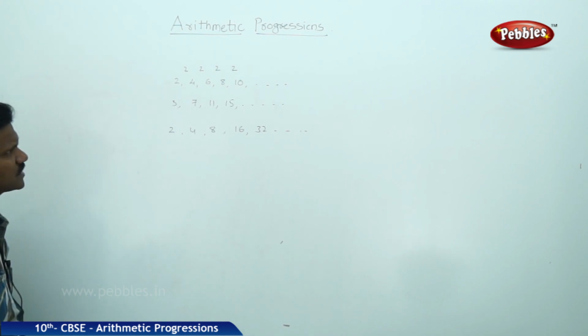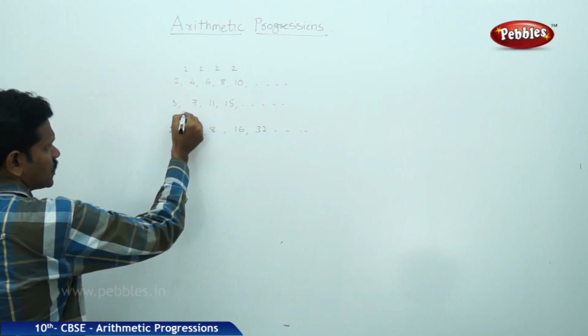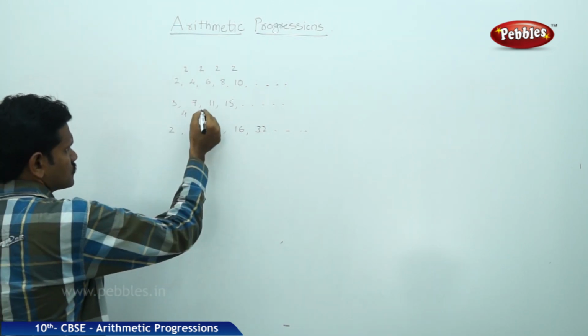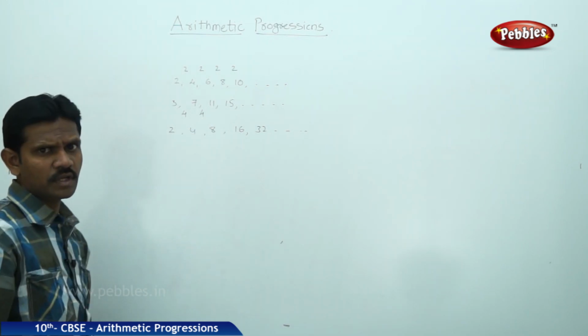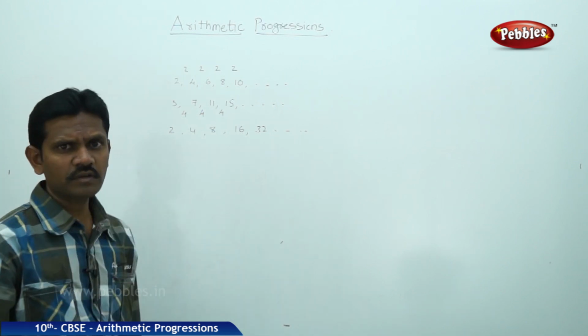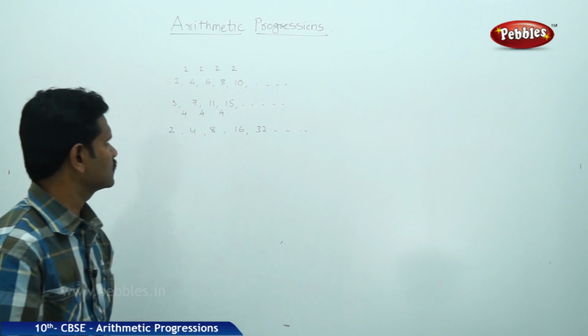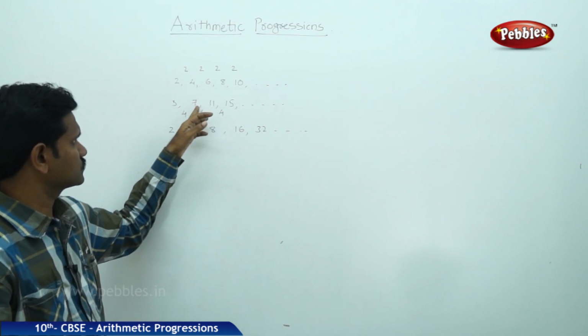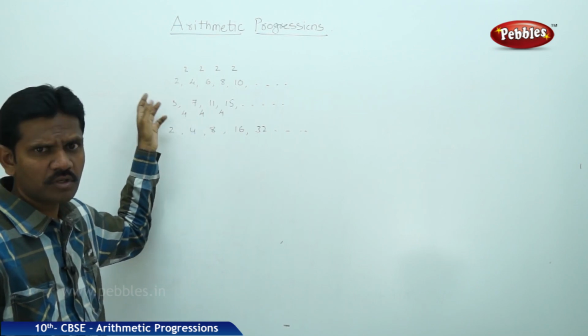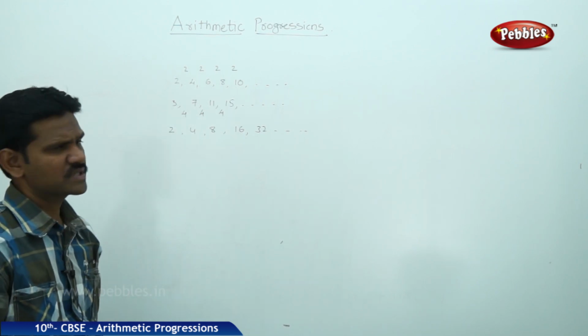Similarly, in the second example, 3 plus 4 is 7, 7 plus 4 is 11, 11 plus 4 equals 15. That is, the next number is obtained by adding a fixed number to its previous number.